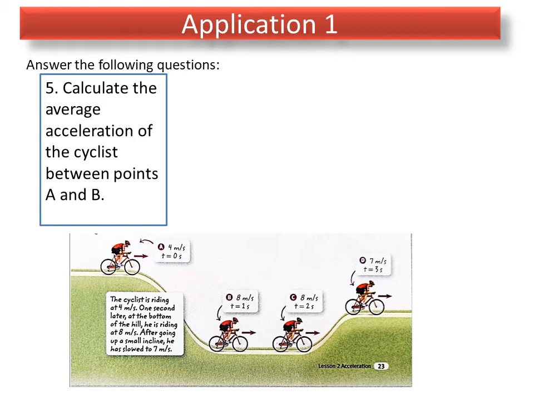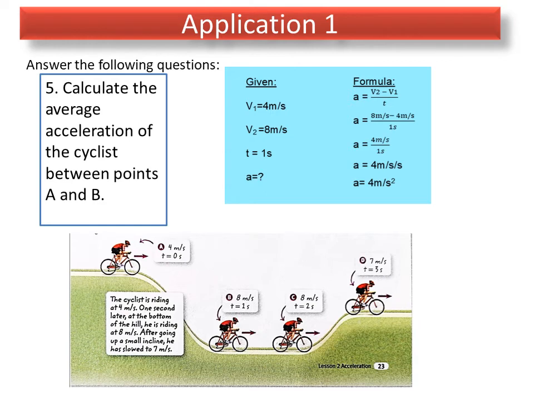Put the formula: a equals V2 minus V1 over time. I want you to substitute each one by its value. Don't forget the units.